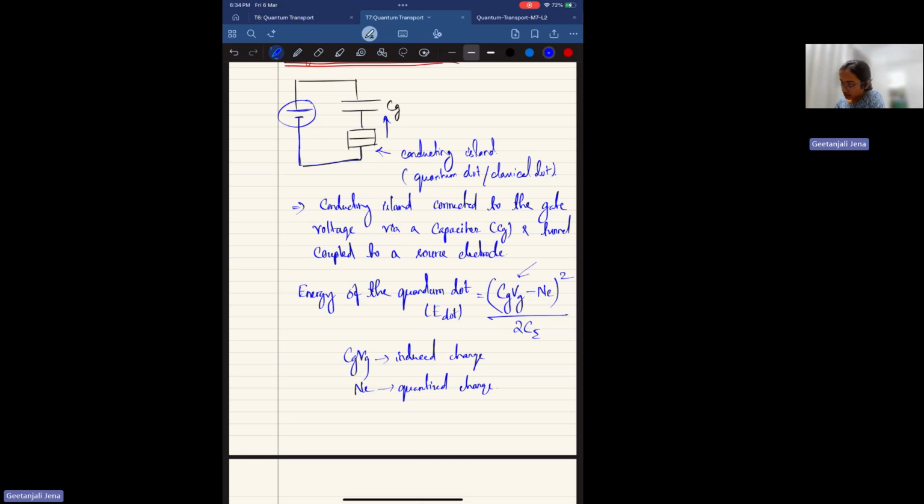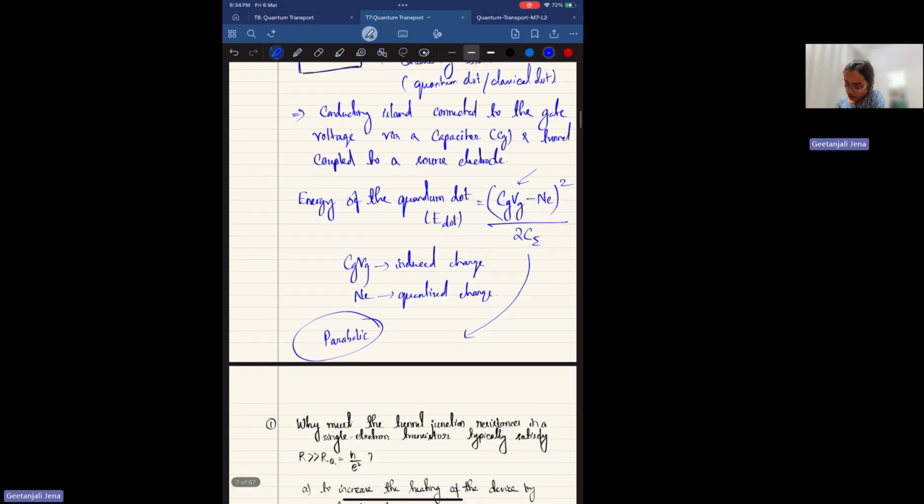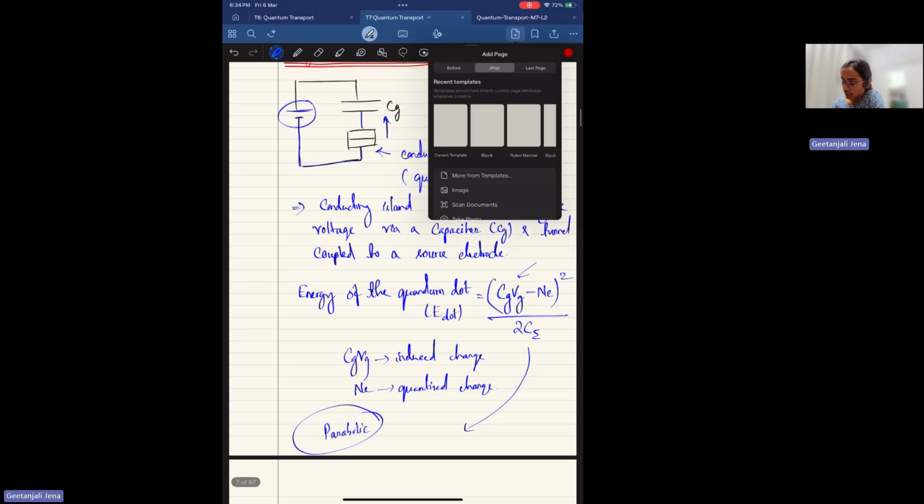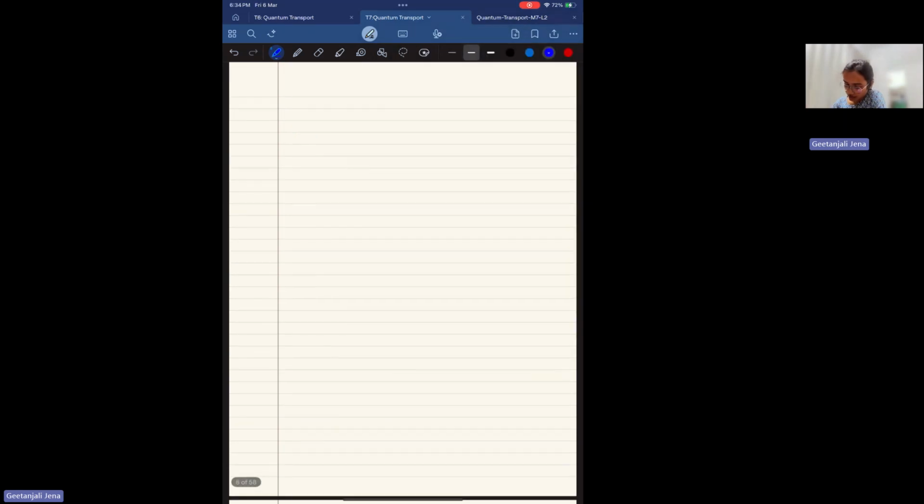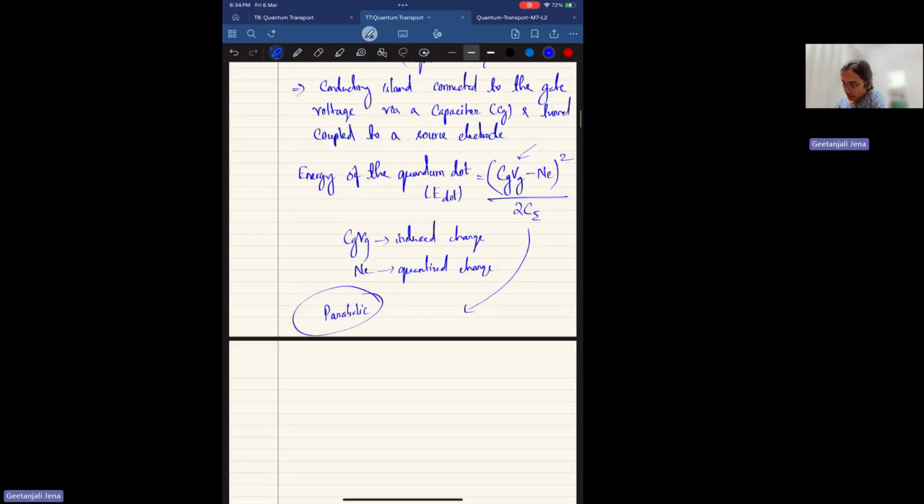So we can see that this energy is following a parabolic equation. When we increase the voltage, what will happen?